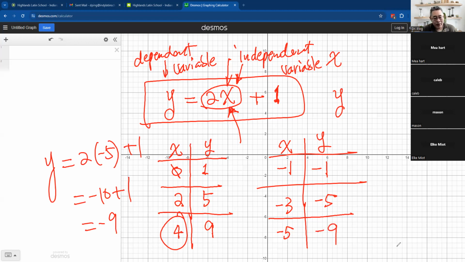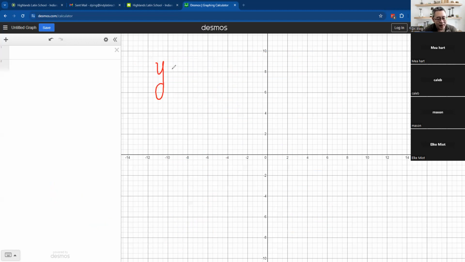Okay, of course, we're going to have different kinds of functions. Let's do another one. y = 3x - 2. Now, remember, x can be any value, but y depends on the x value and also the form of the function.